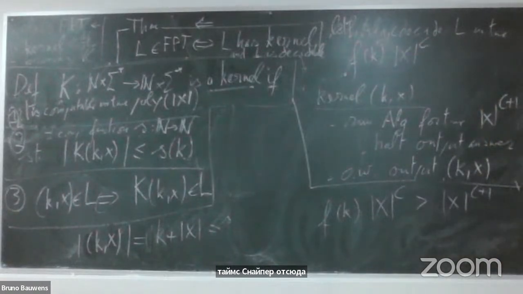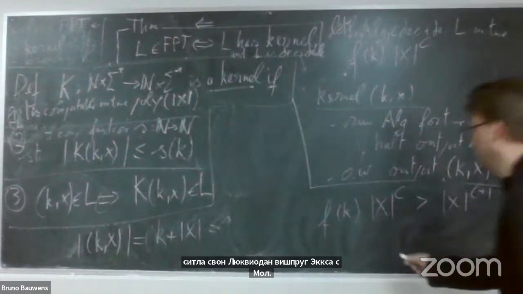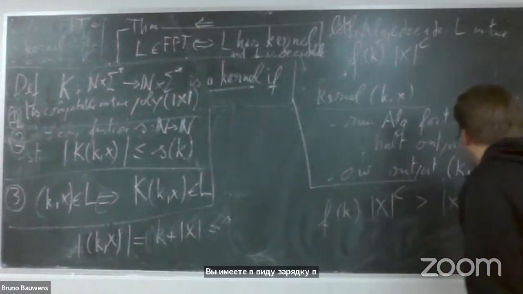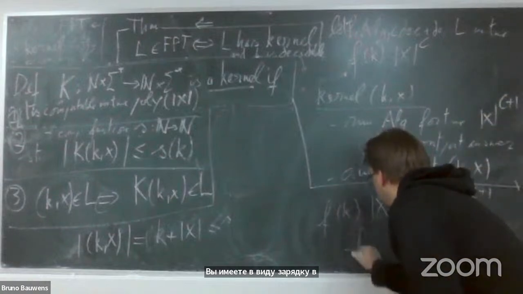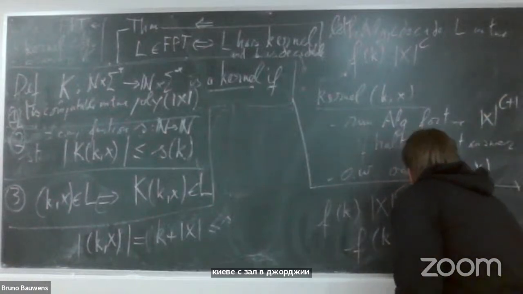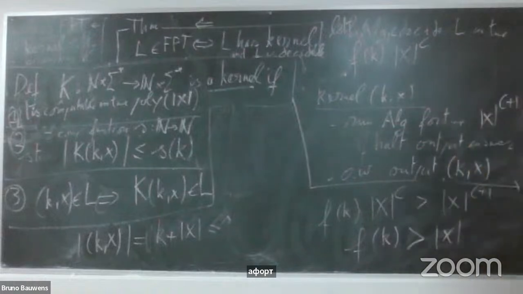Look, we are done. We've proven x is small. We have proven that f of k is larger than... Yeah, so we cancel |x| to the power c here, and what remains, f of k is larger than the size of x.